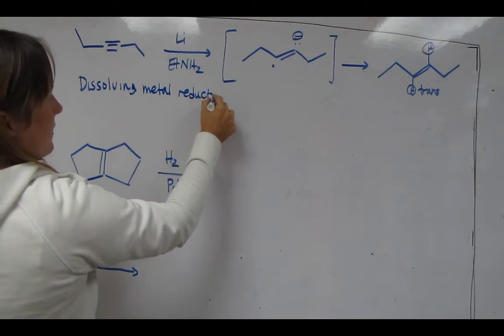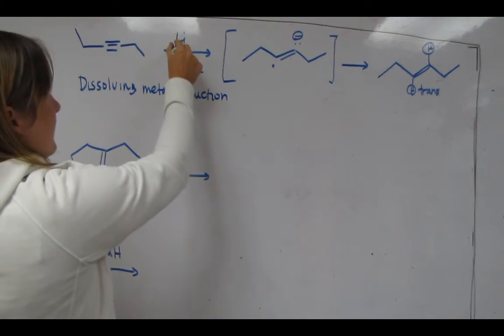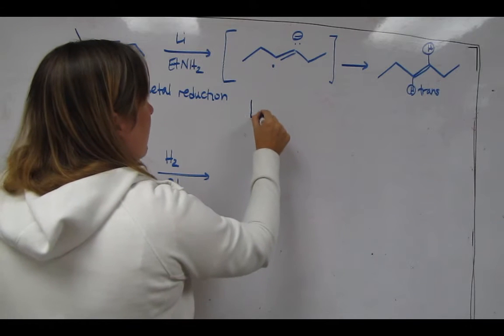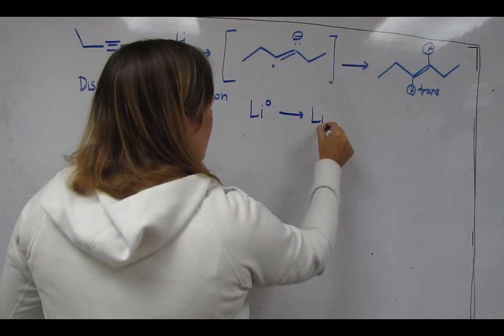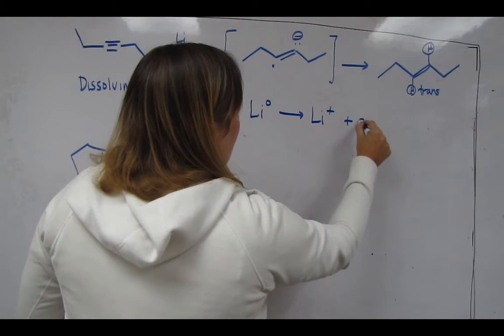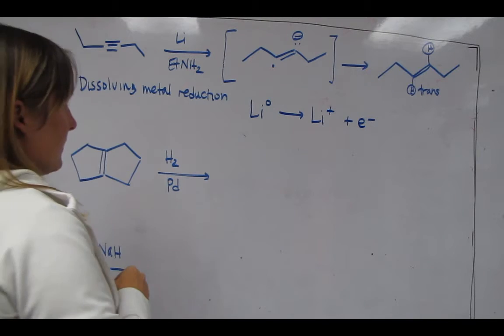You do not have to know the mechanism of this. What was key is that lithium is your metal, and lithium is in the zero oxidation state. What happens is it loses an electron and it becomes lithium plus.